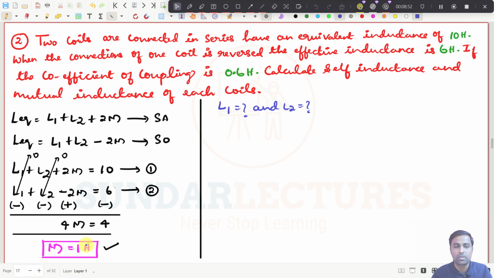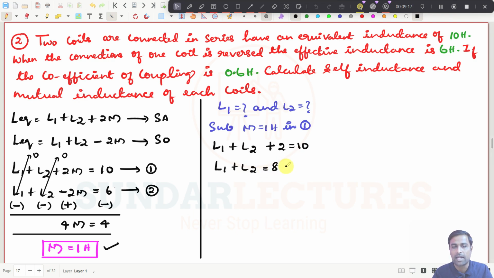Substitute this 1 Henry, M is equal to 1 Henry, in expression number 1. What you will get here is L1 plus L2 plus 2 equal to 10, and if I further simplify this, L1 plus L2 is equal to 8, right? So this is expression number 3.